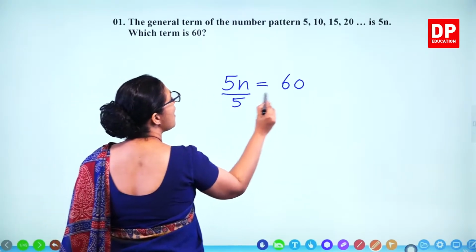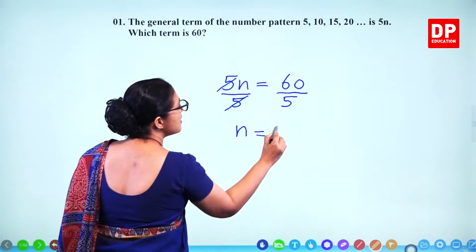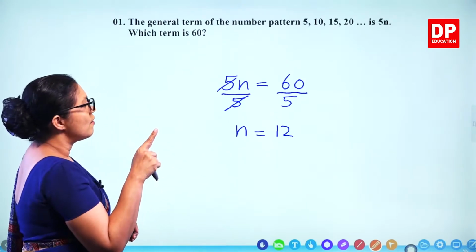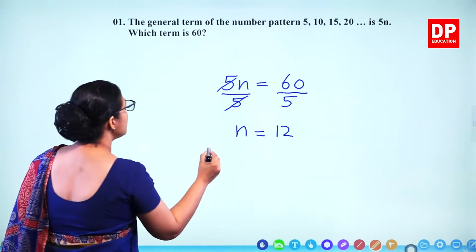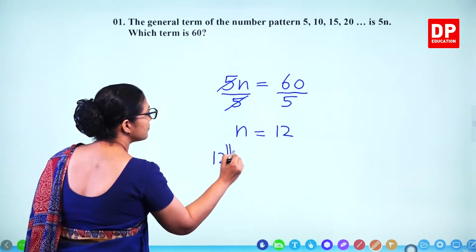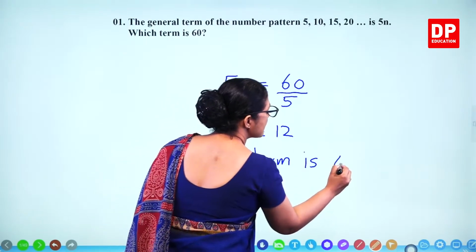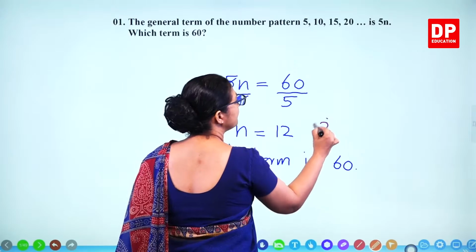Divide both sides by 5. You get n equals 12. 5 times 1 is 5, for 10 that's 2. So the 12th term is 60. You get 2 marks for that.